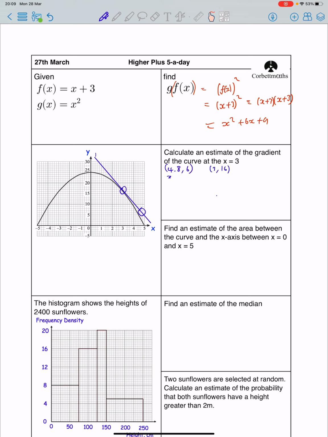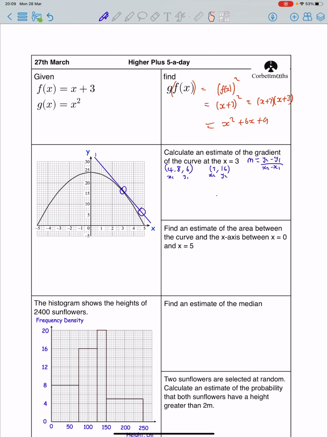So I have x1, y1 as my coordinates, x2, y2, and the formula for gradient is y2 minus y1 over x2 minus x1. So change in y over change in x.